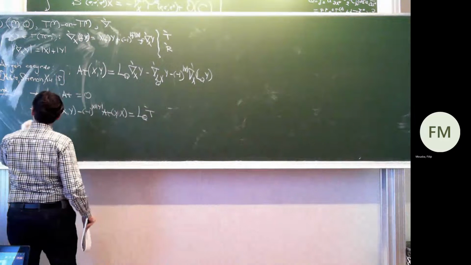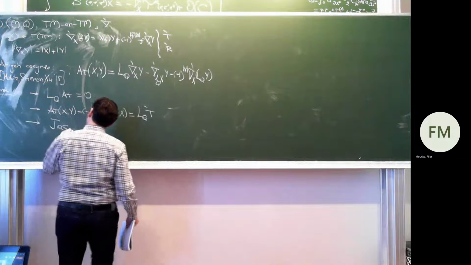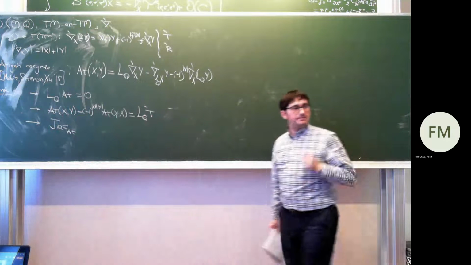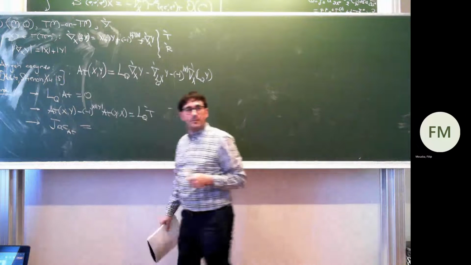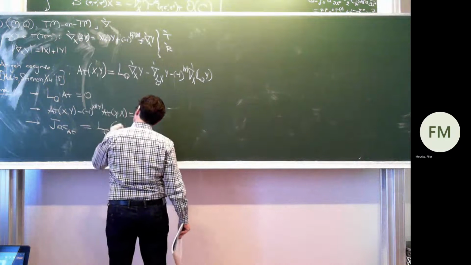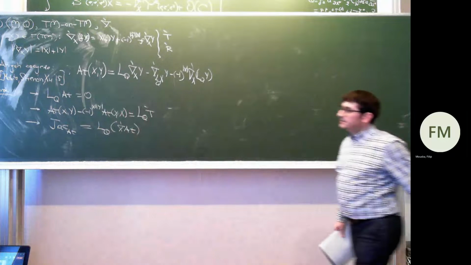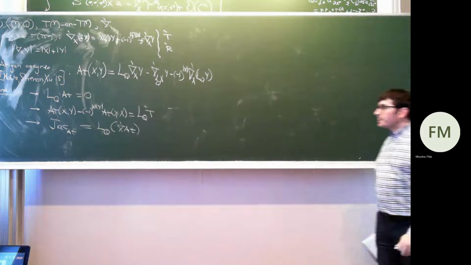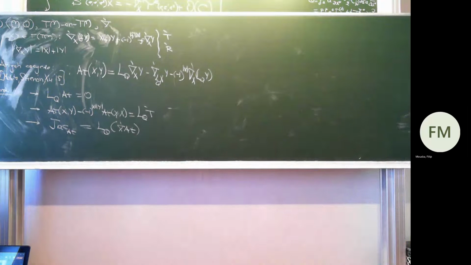And the third thing that I would like to remark is that if you take the Jacobiator of Atiyah, so Atiyah of Atiyah, this is not 0, but it is related to nabla At. So it's something like this, or something like that.